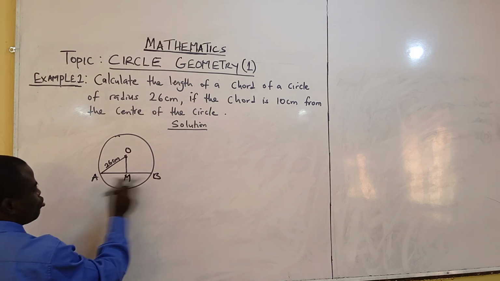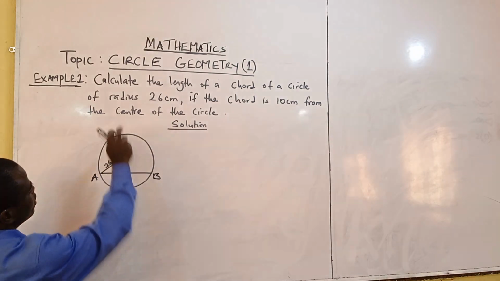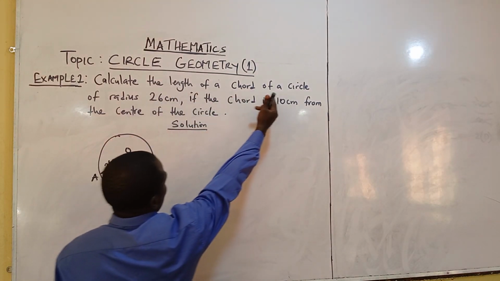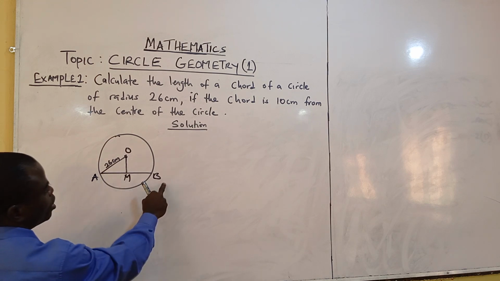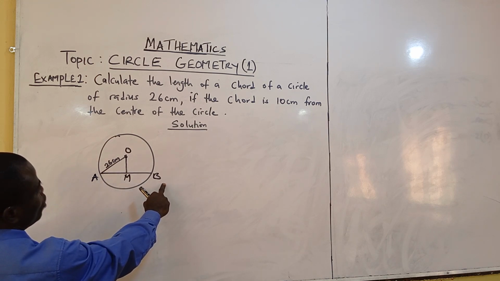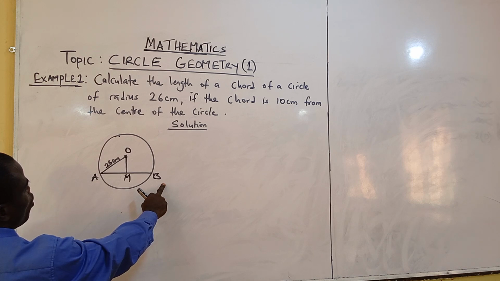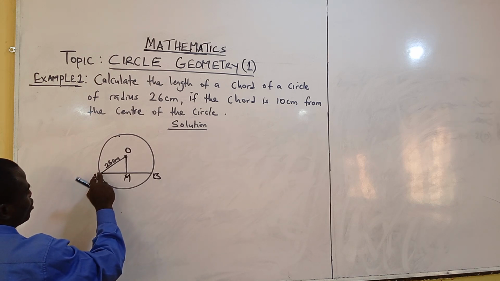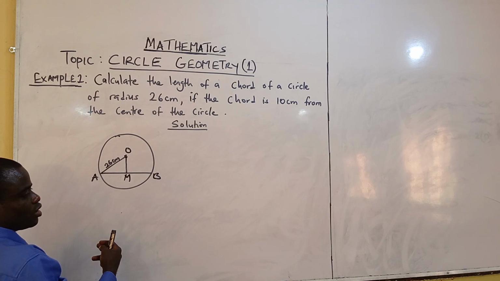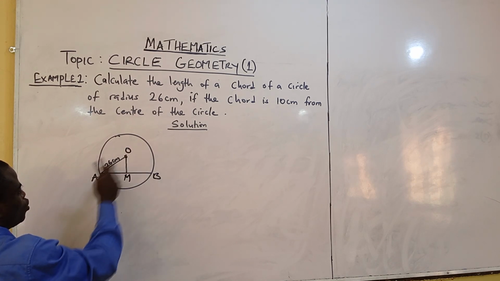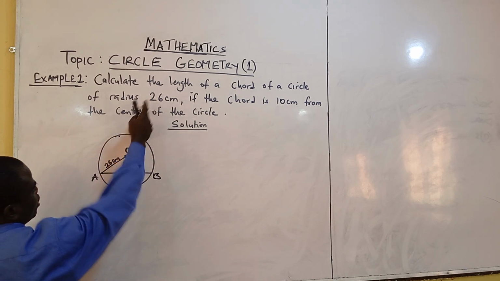A to B is the chord, and you can see it. Let's see it again. Calculate the length of a chord, that is A to B, the length of a chord of a circle of radius. A radius from the center of the circle to any part of the circumference is a radius, and from O to A is 26 centimeter, which is the radius.